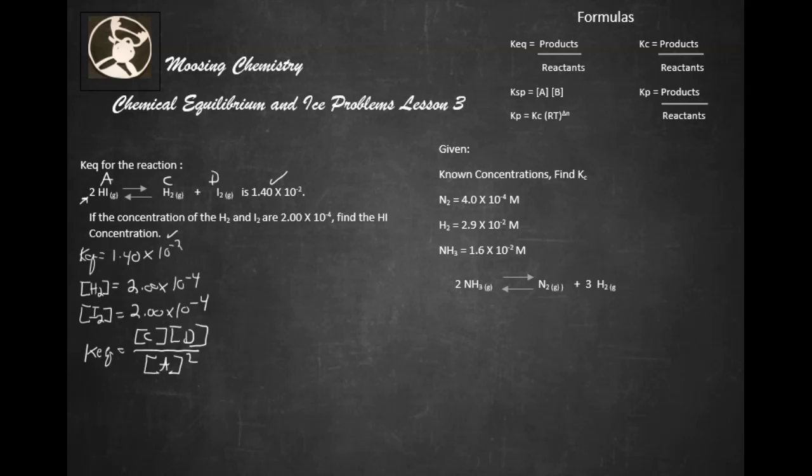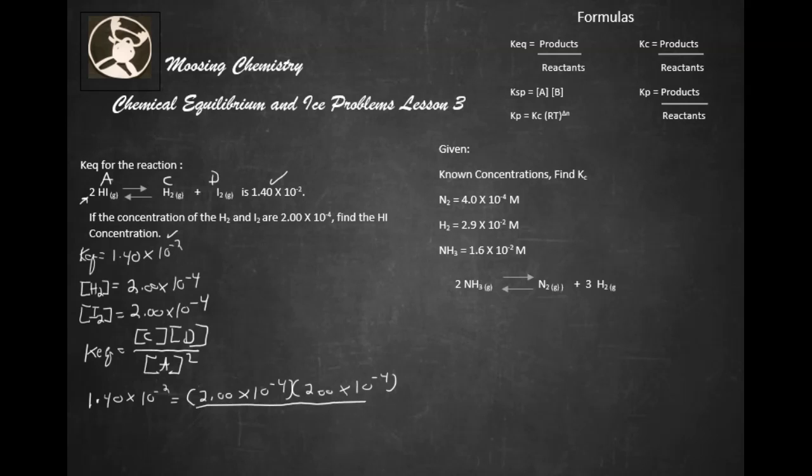All right, now let's plug our values in. So our Keq, 1.40 times 10 to the negative 2, equals our CD value, which is of course 2.00 times 10 to the negative 4 times 2.00 times 10 to the negative 4. And I'm going to do something different here.